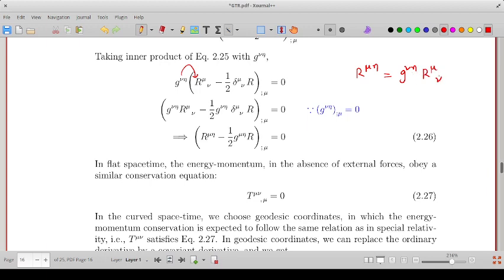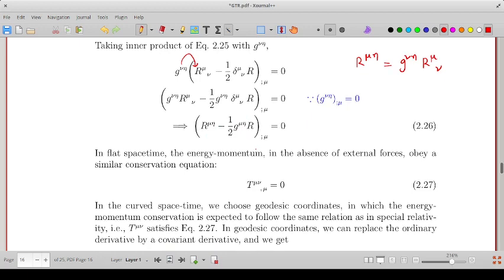So this raises this index and will make it R mu, and the second index is raised and becomes eta. And over here, this involves an inner product with Kronecker delta. So that means nu has to be replaced by mu. So that will give G mu eta. So the result is R mu eta minus half G mu eta times R semicolon mu is equal to 0.